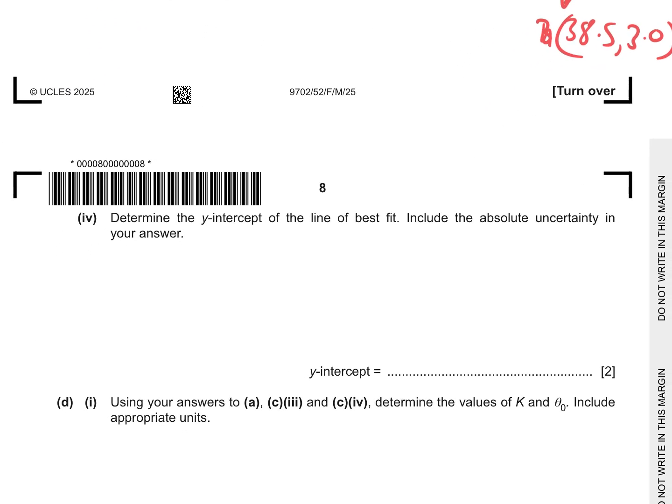Now to determine the y-intercept, what you'll need to do here is use the equation y equals mx plus c for your best fit and worst fit. Now obviously your gradients will be different and your y and x value will be different, but effectively you're doing the same calculation.